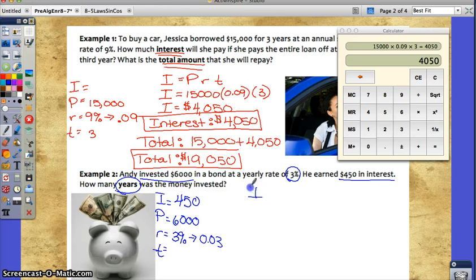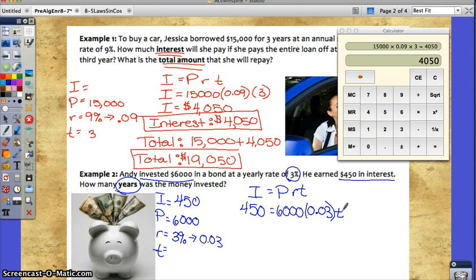So we have I equals PRT. Know and memorize that formula for simple interest. Now substitute in everything that you know. My interest was $450. My principal was $6,000. The rate was 0.03. And the time remains my variable because I don't know that.